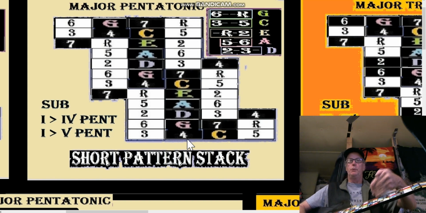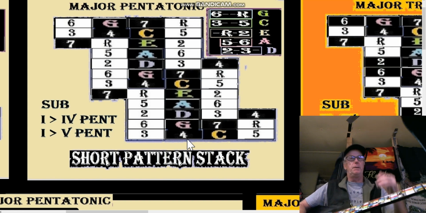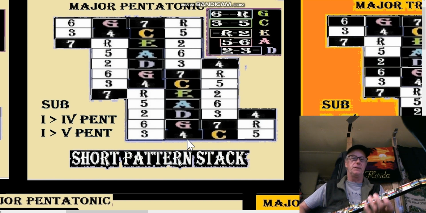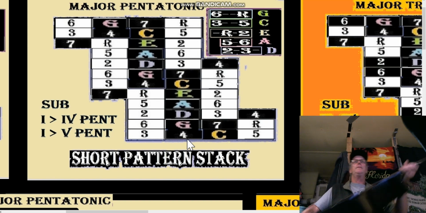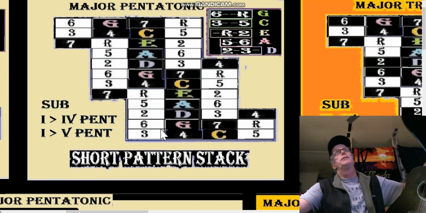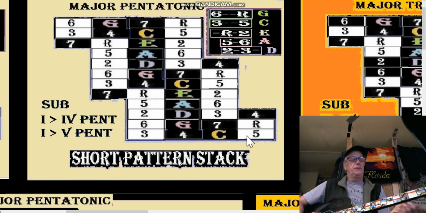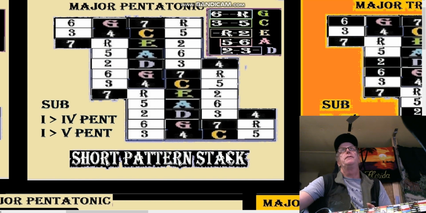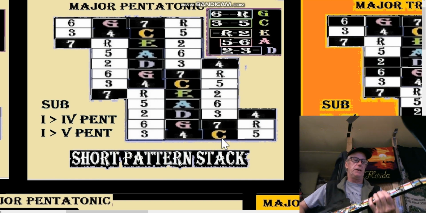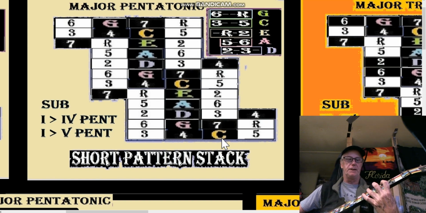You just move it up, and obviously it becomes a different string shape there. It becomes the E string shape. Same thing with the fifth. So we substitute the fifth there. To get to the fifth, we're going to play the fifth of C, which is the G string shape. So we just play the G pentatonic there.